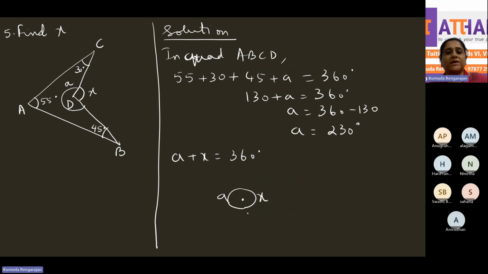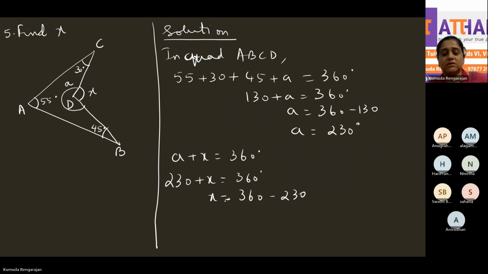Sorry, A plus X is equal to 360 because the sum of the angles around a point is equal to 360 degrees. 230 plus X is equal to 360. So X is equal to 360 minus 230. X is equal to 130 degrees. We can even prove this another way, I will do that in the next class. We'll just stop here.